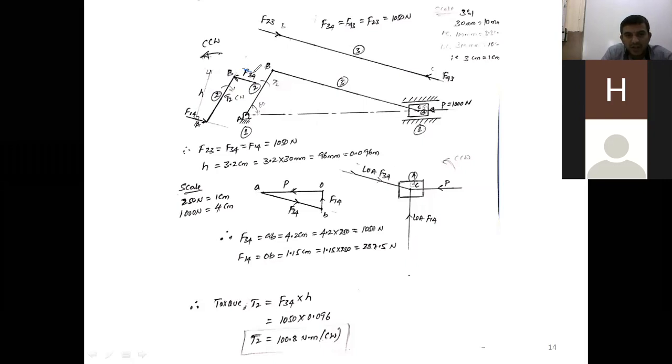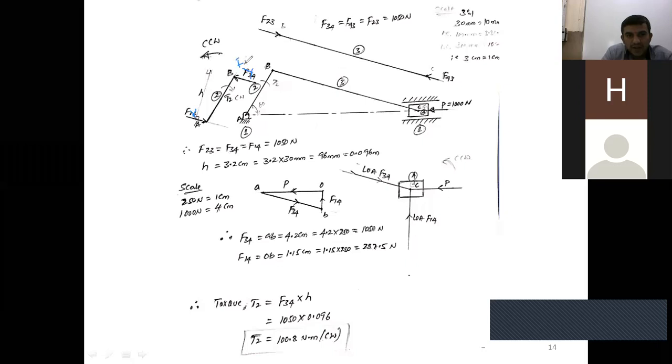Now make a correction here. These are the wrong notations we used here. Force convention, right? Now this is F32. This one is F12, the force exerted by member 1, the fixed link, on link 2. Make the correction. Now F32 is equal to what?